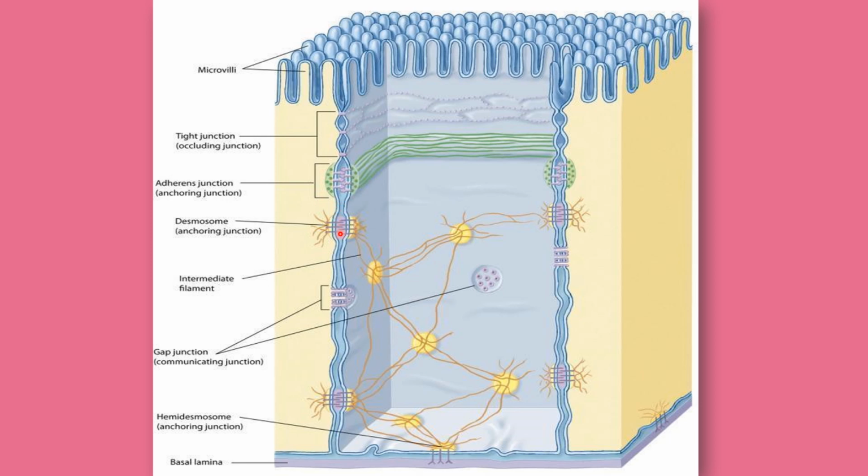Below the adherens junction, there is an anchoring junction, the desmosome, consisting of intermediate filaments. And between the lateral cells, there are gap junctions as a communicating junction, and in the basal of the cell, there are hemidesmosomes binding the cells and the basement membrane.